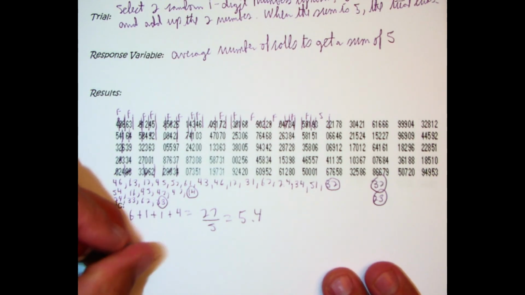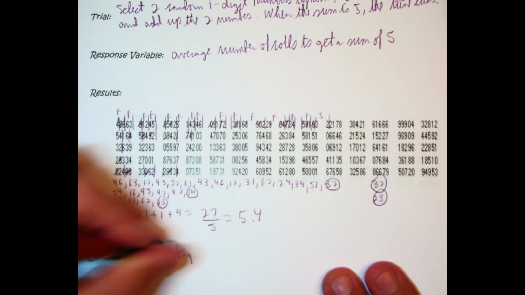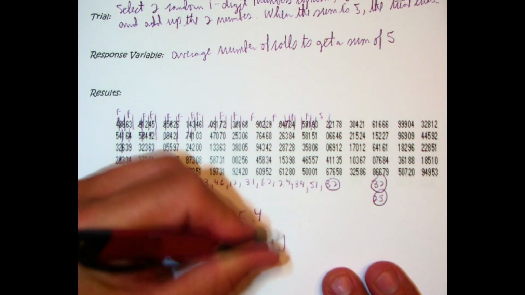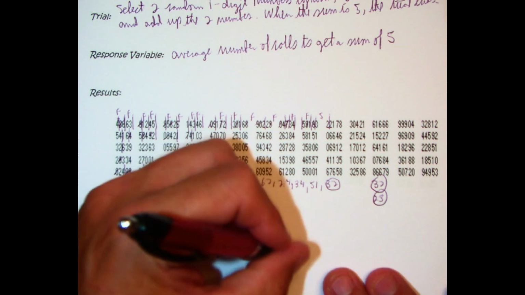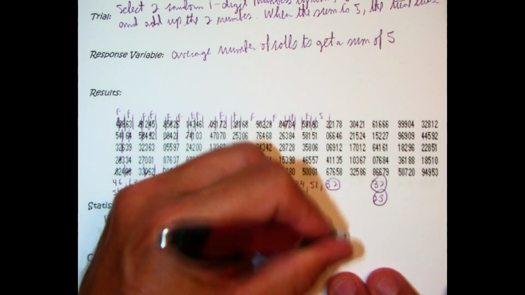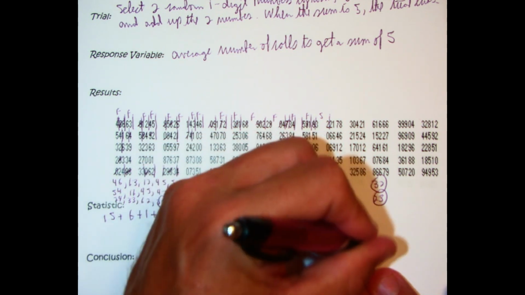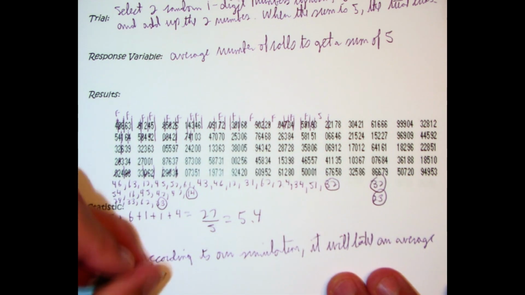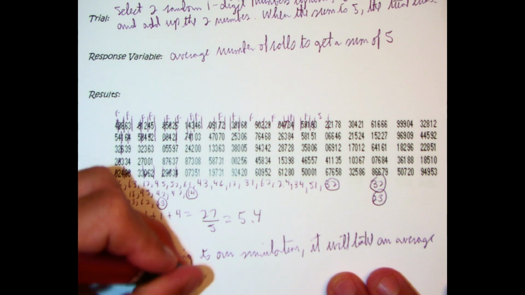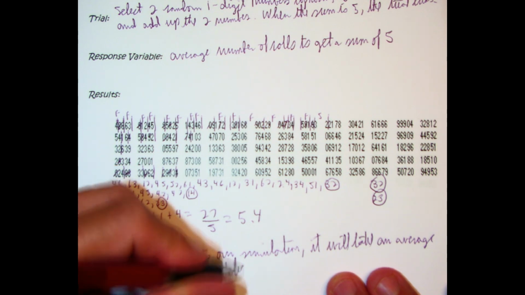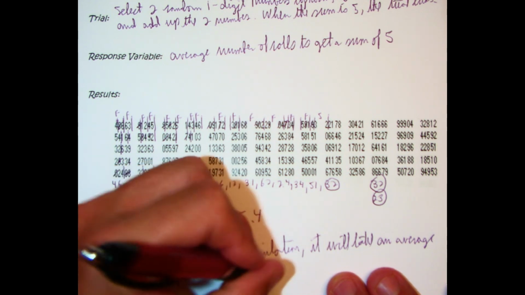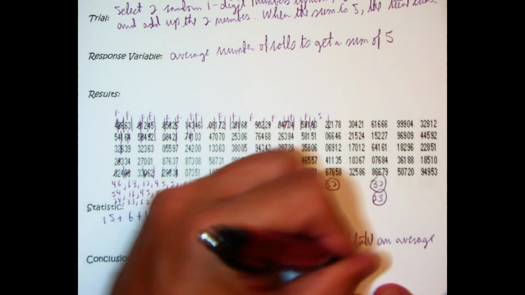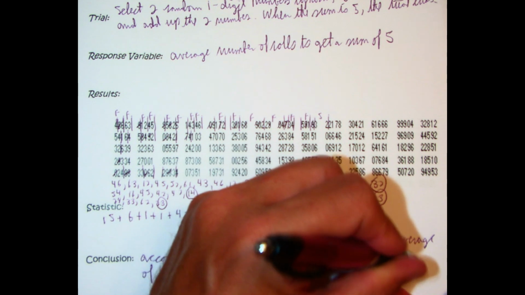So our conclusion is, according to our simulation, it will take an average of approximately 5.4 rolls to get a 5 to win the game.